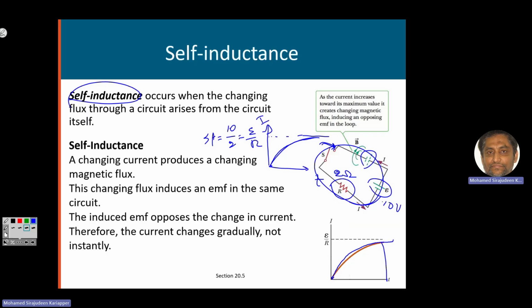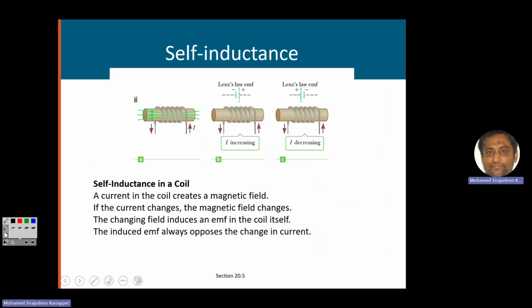Similarly, here we have this self-inductance, which will delay the current in reaching its final value. This is more pronounced when you have a circuit with a coil, like a solenoid here, right? You know this. Not one loop, many loops.